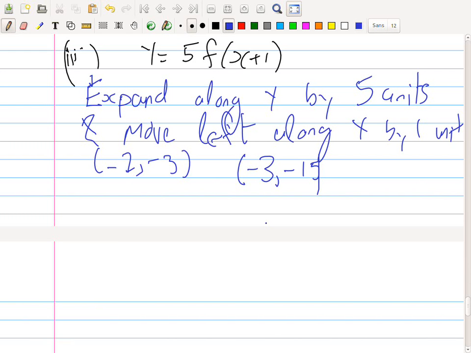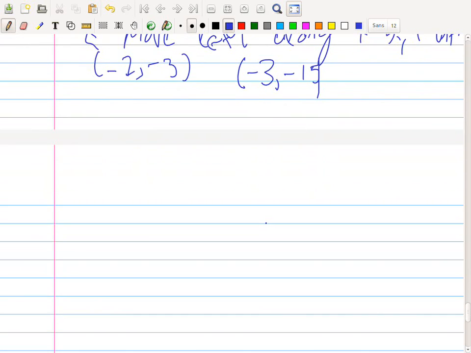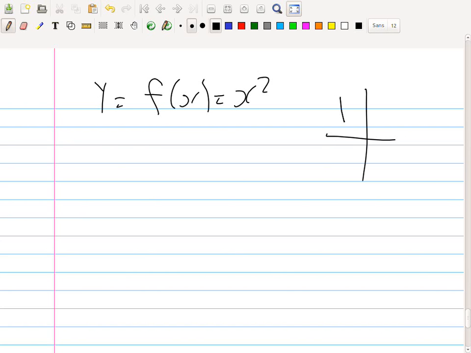If you did plus 1, I'll give you a very, very simple example. Let's take this very simple graph, y equals f(x), which equals x squared. So here's the graph of it. Now, if I look at y equals f(x plus 1), if I put x equals 0, what do I get for y?